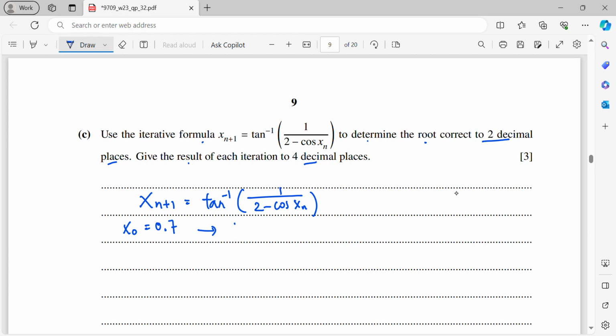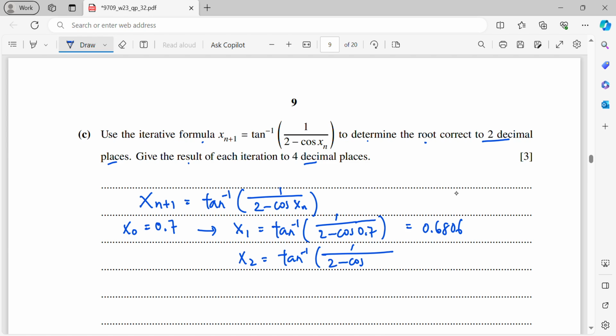Then my x1 will be inverse tangent of 1 over 2 minus cos 0.7. And again, all these calculations must be done in radians mode. Then you will be getting 0.8606. Okay, so now continue with the x2. It will be inverse tangent of 1 over 2 minus cos 0.8606.